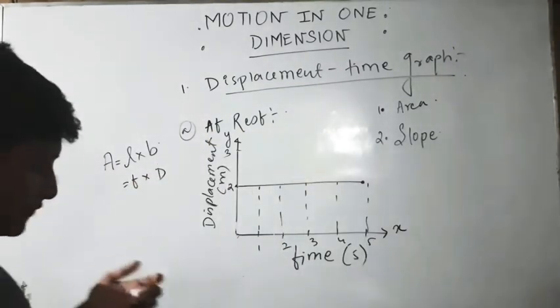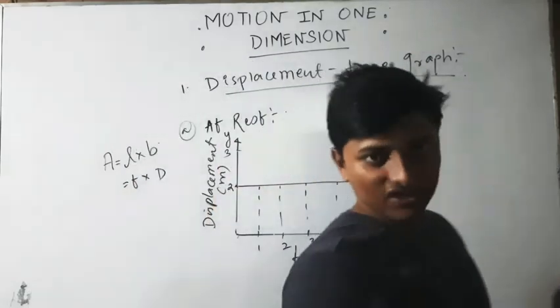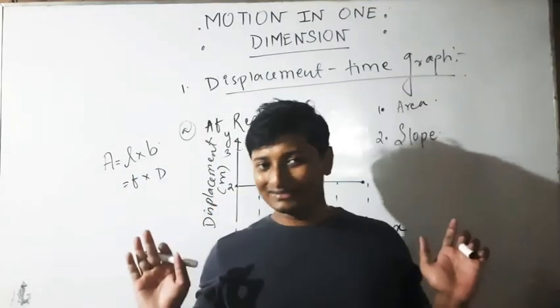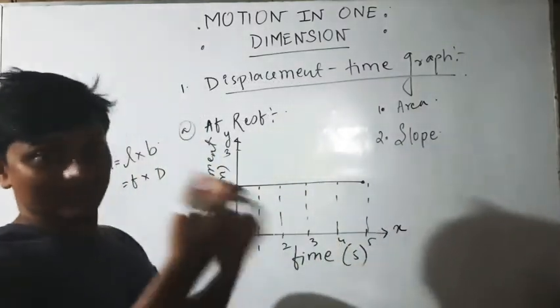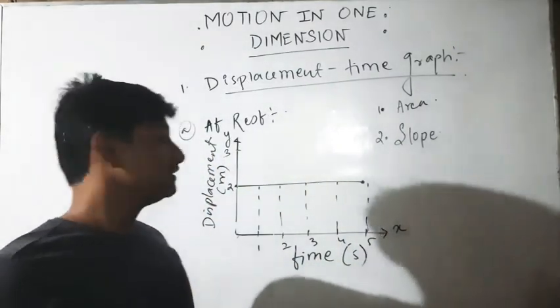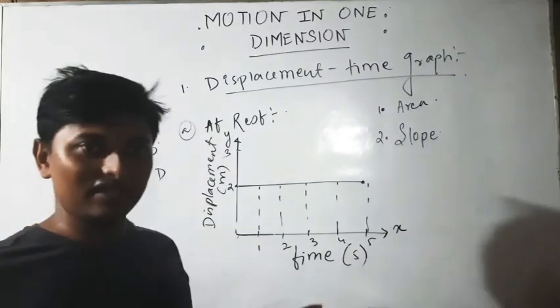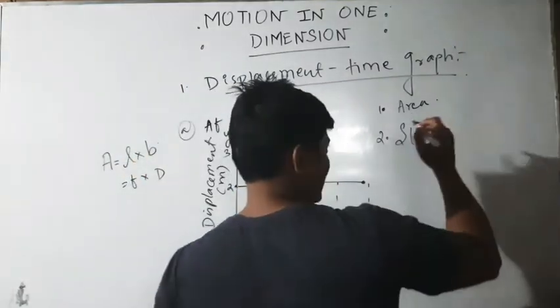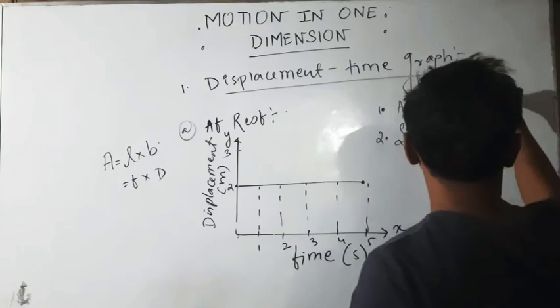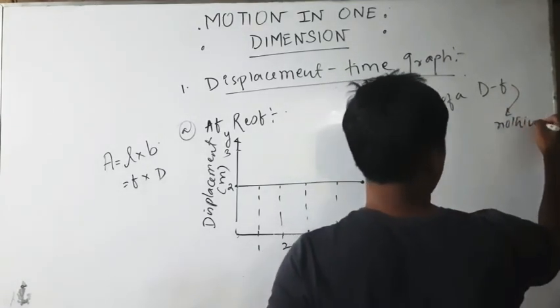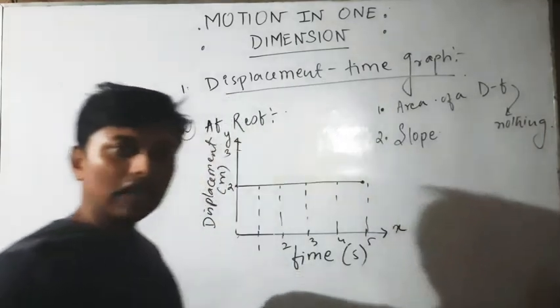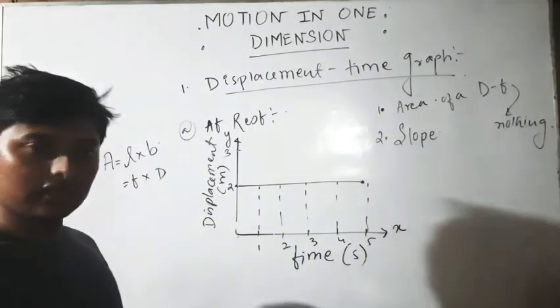We have studied that time into displacement will give us nothing. Displacement divided by time will give me velocity, but their multiplication will never give us anything. So the area of a displacement time graph will give us nothing. Practically it is not possible.